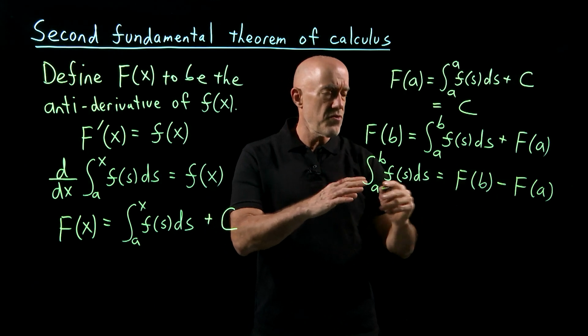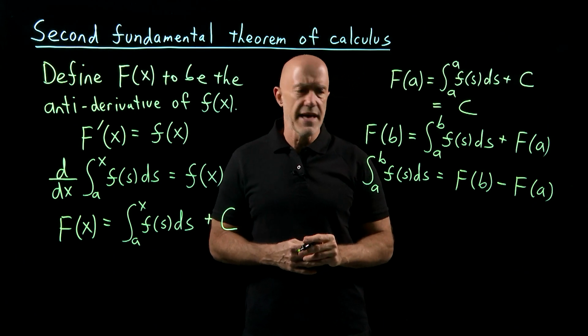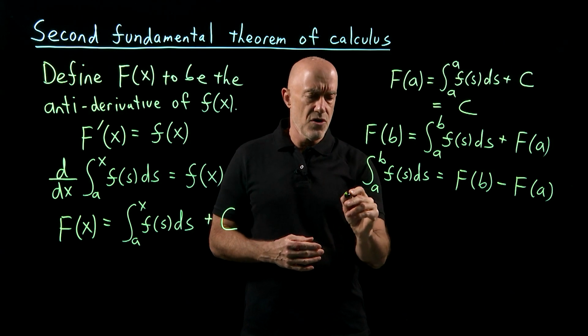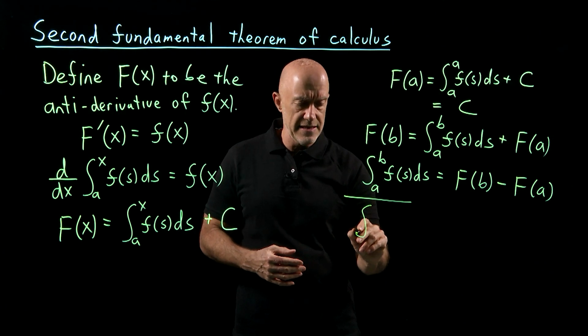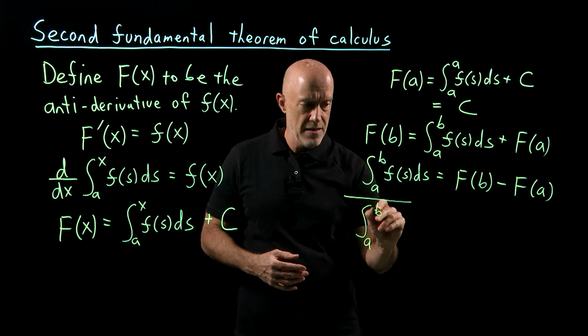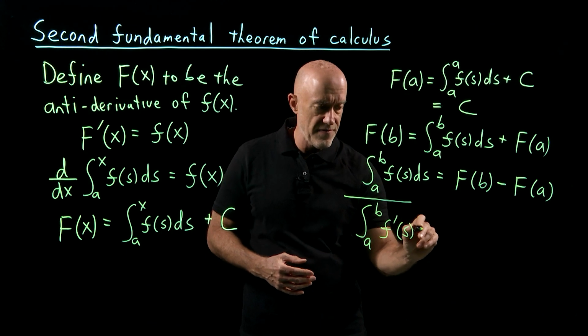There's an easier way to remember this because it's a little bit confusing what capital F is. So we can write this in a more transparent way. We can write that as the integral from a to b of the derivative of the function, f prime of s ds.